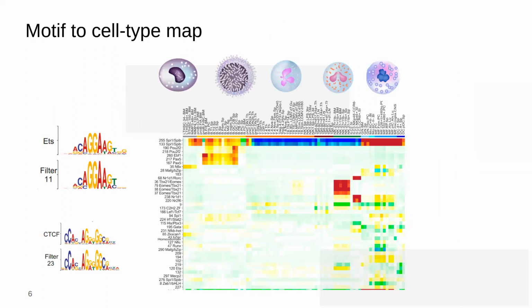And when you put all of this together, you get this motif to cell type map, where we have the motifs on the rows and the different cell types in the columns, and the heat map indicates the contribution of this motif to the identity of that cell.